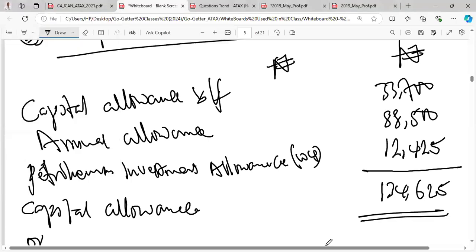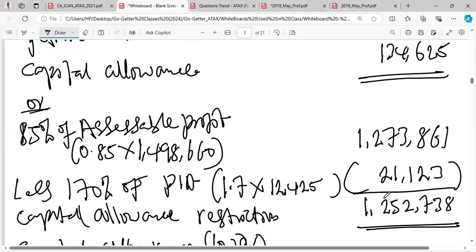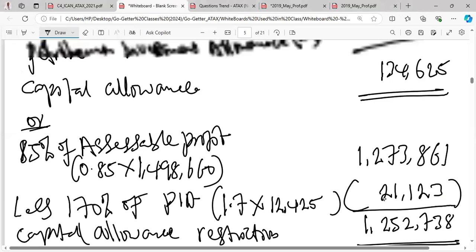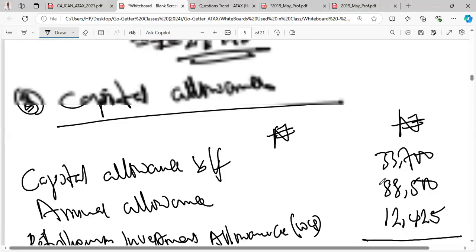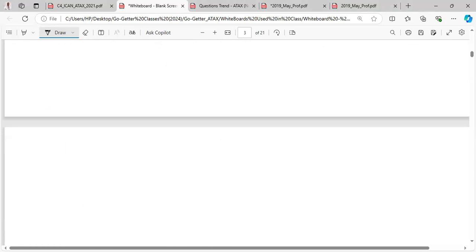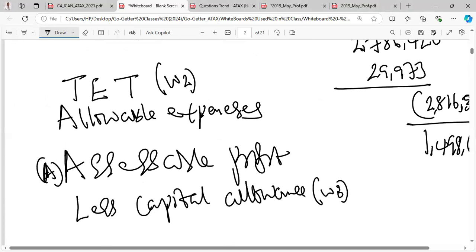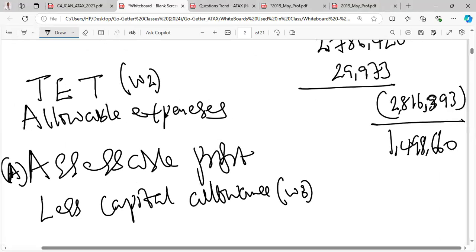Of course, this is smaller than this. 134,625 will be your capital allowance. So you take it up here. What's that figure again? 134,625.